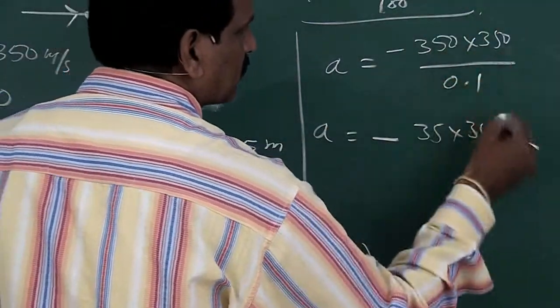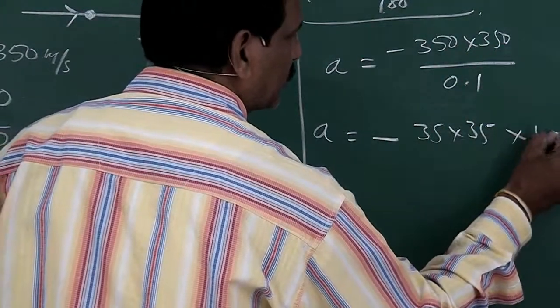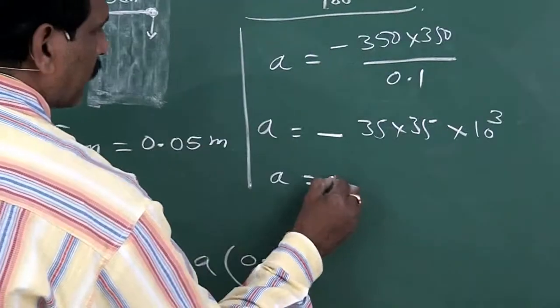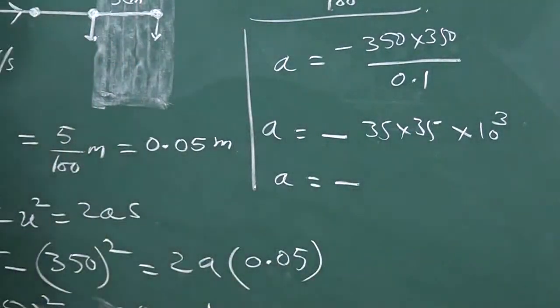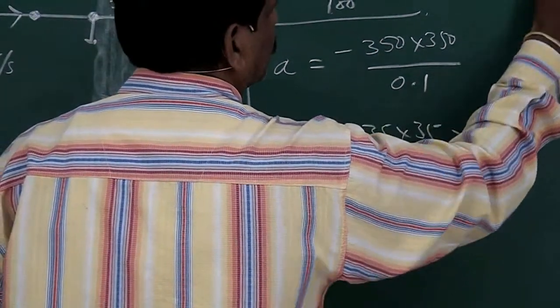Then in addition to these two zeros, you get another 0, that is 10 cube. So a is equal to minus 35 into 35 into 10 cube, you have to calculate. So, 35 into 35.